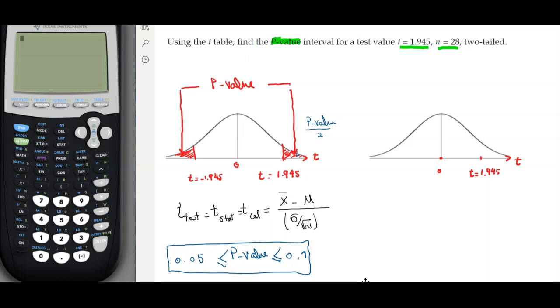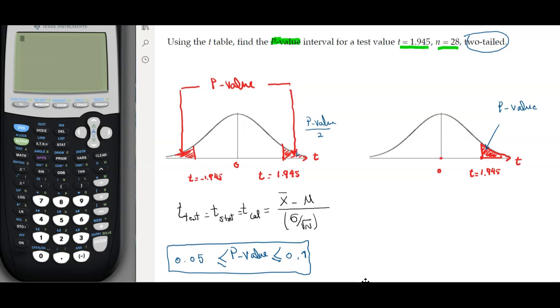1.945. So the border of the t value here, if I raise the vertical line, I will get a tail, and this shaded area will be my p-value. Now, because I'm using a two-tailed distribution, what does that mean?